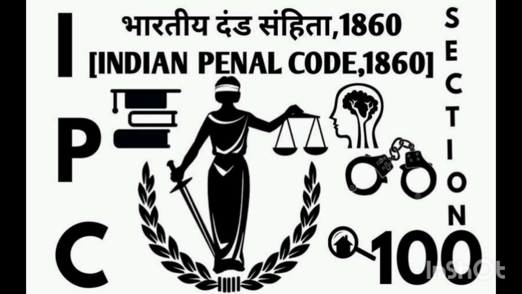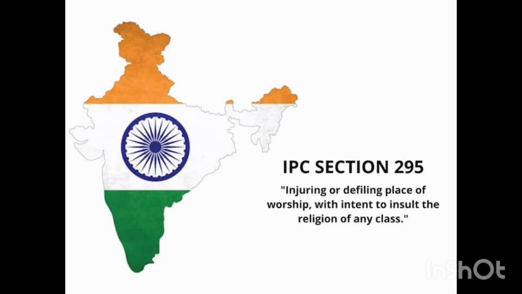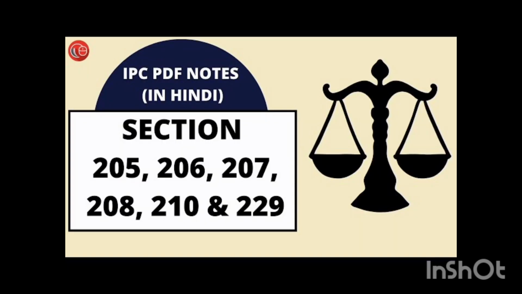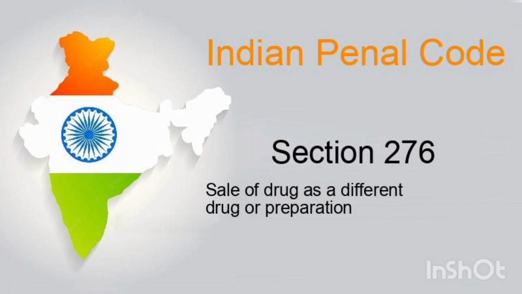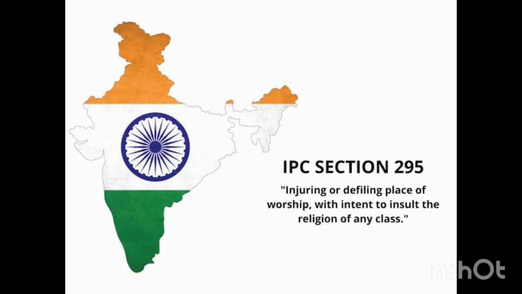4, sections 76 to 106, general exceptions, including the right of private defense in sections 96 to 106. Chapter 5, sections 107 to 120, abetment. Chapter 5A, sections 120A to 120B, criminal conspiracy. Chapter 6, sections 121 to 130, offences against the state. Chapter 7, sections 131 to 140, offences relating to the army, navy and air force.